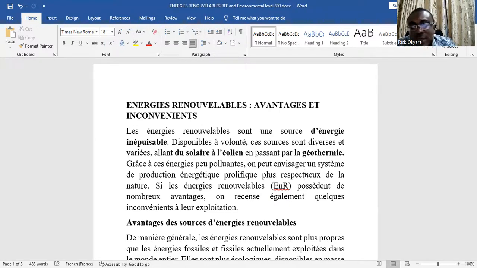Okay. Most of the energies that are at our current disposal, the fossil energy, for instance, give off a lot of pollution, which is harmful to the environment. So the environmental engineering people, this is where you come in.